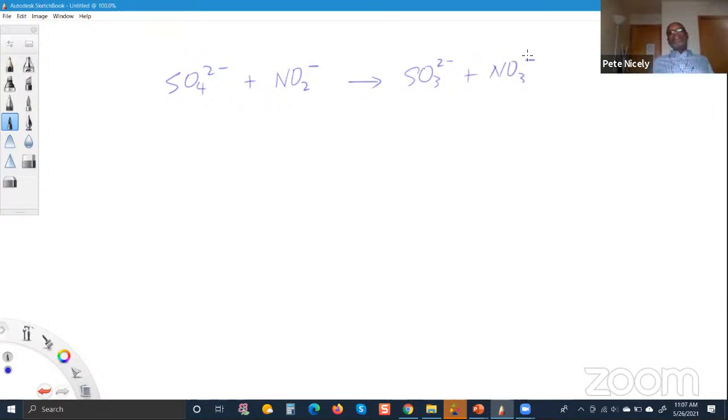All right, so what would be the very first step? Well, let me make sure everything is copacetic. Okay. So based on the examples that we have looked at so far, what would be your very first step in this process?